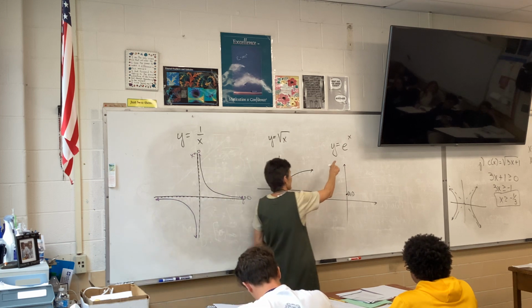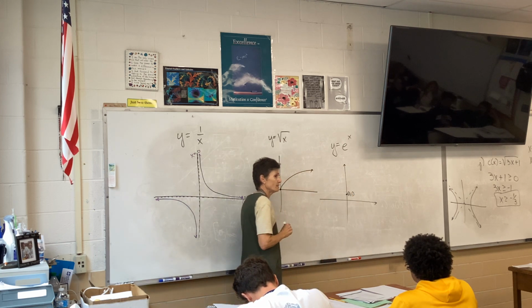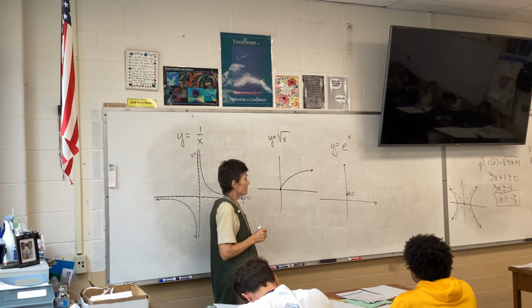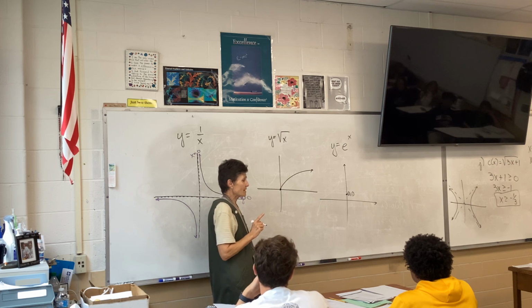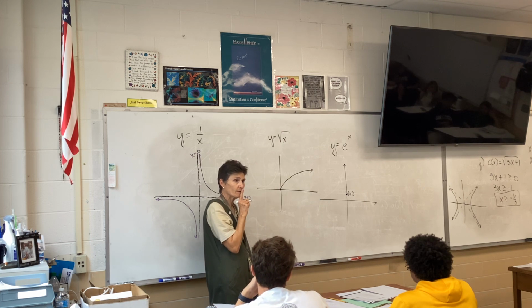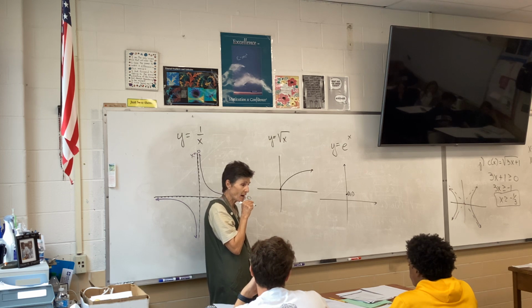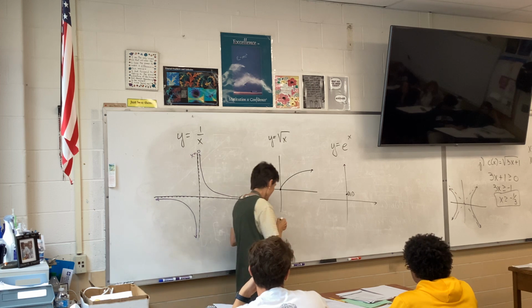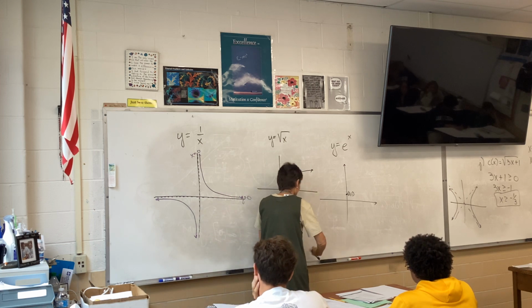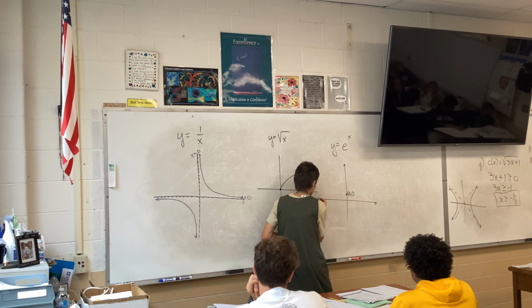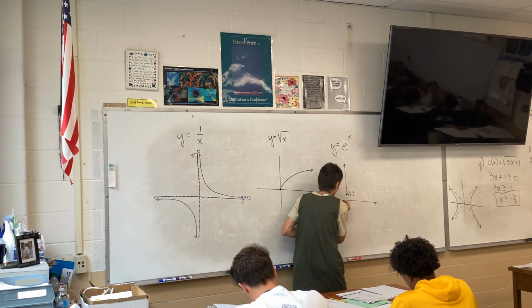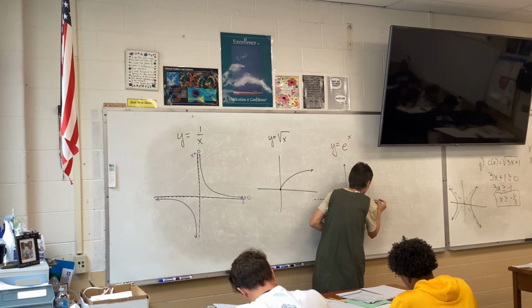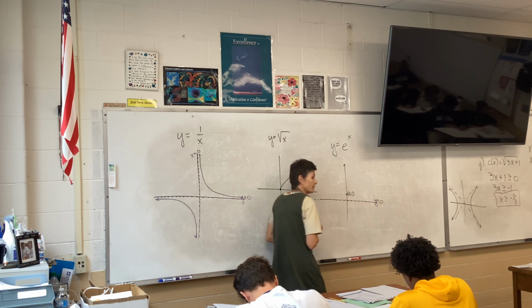Think about, this number is approximately 2.718. If I raise that to a power, will it ever be negative? Can you raise a positive number to a power and make it negative? No. So this one's gonna have an asymptote at y equals 0, because this curve is never going to go negative.